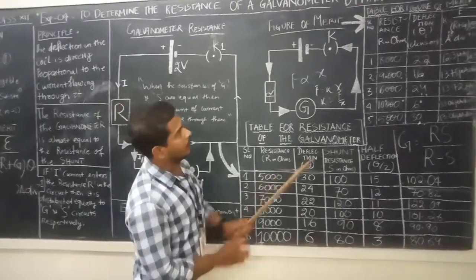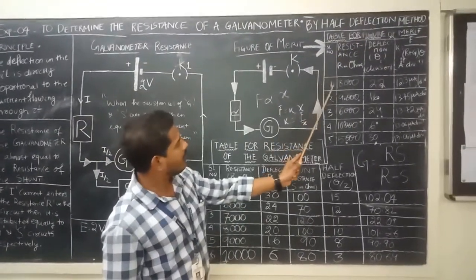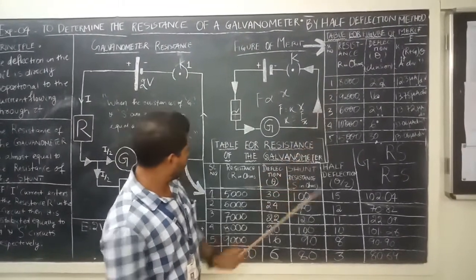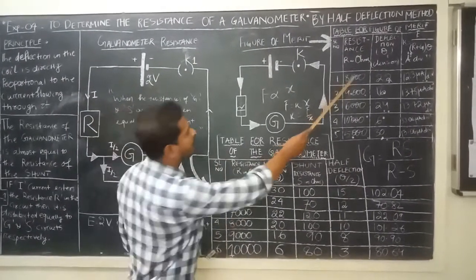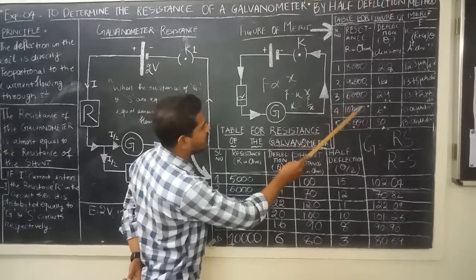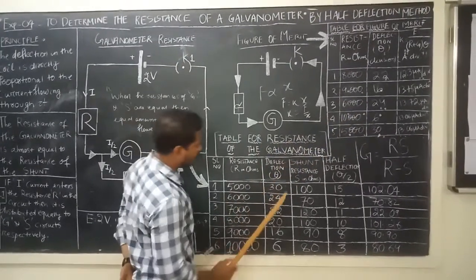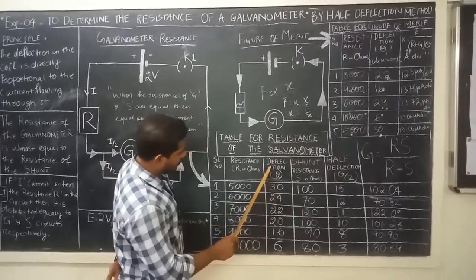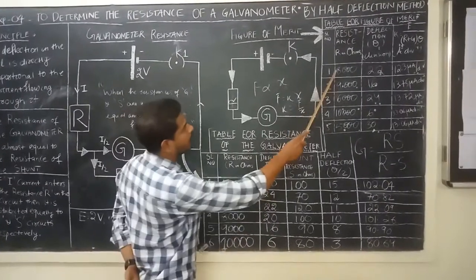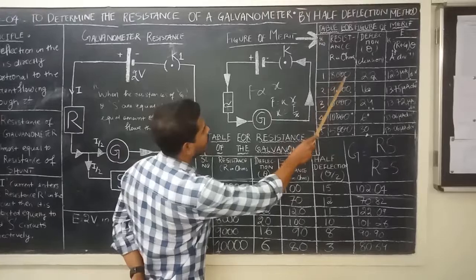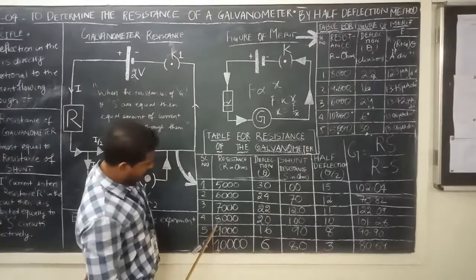So now you can see here I have taken 5 readings from the resistance column: 8,000, 9,000, 6,000, 10,000, 5,000, and respectively the deflection I have taken from the deflection column of the respective resistance reading.